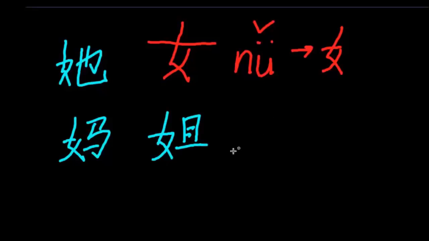Jie. So jie is older sister. We would say jie jie. Now we have younger sister is going to be same radical, just different part on the right. This is mei, another character that uses the female radical.